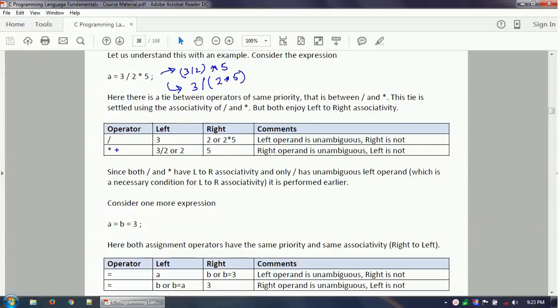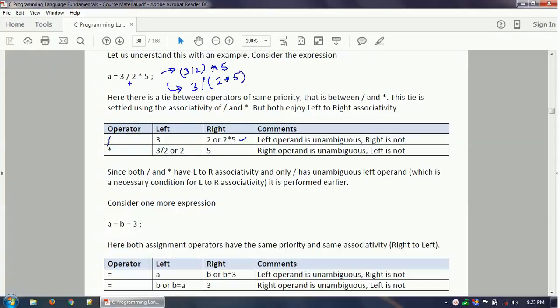Let's take the division operator. For this one its left side operand is 3, but its right side operand is 2 or 2 into 5, correct? And if you take the multiplication operator, its left side is 3 divided by 2 and its right side is 5.